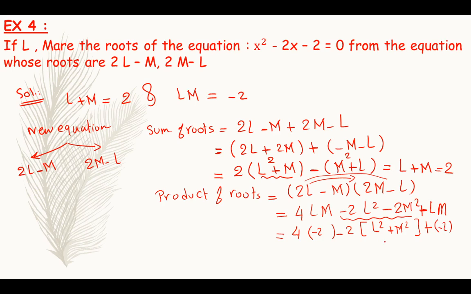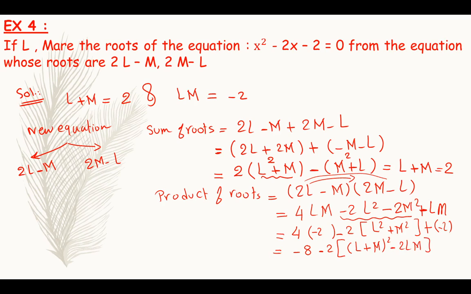Here again we are going to replace L squared plus M squared by the rule. Now you have 4 times negative 2, it will be negative 8, minus 2 multiplied by L squared plus M squared. This is one of the rules, which is equal to (L plus M) all squared minus 2LM.